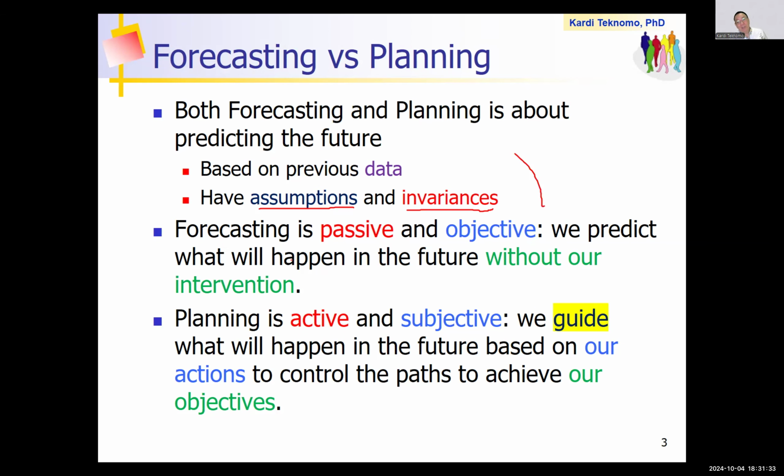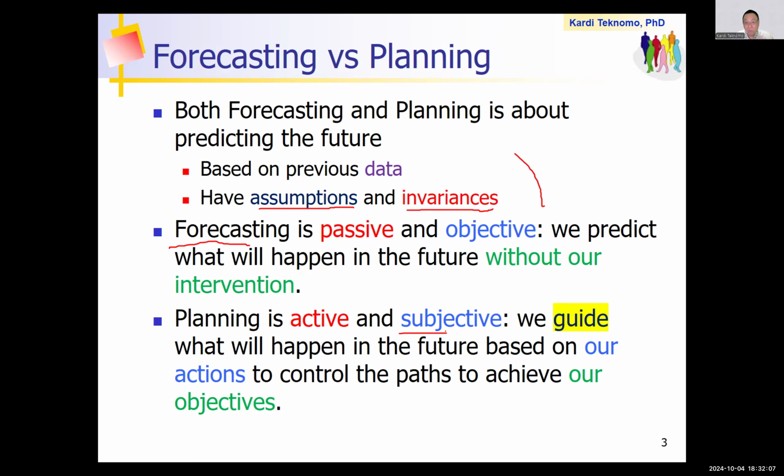So what's the difference between forecasting and planning? Forecasting is passive, objective. We predict what will happen in the future without our intervention. There is no control, only forecast, prediction. Planning uses objective forecasting, but the difference is that planning is active and subjective.